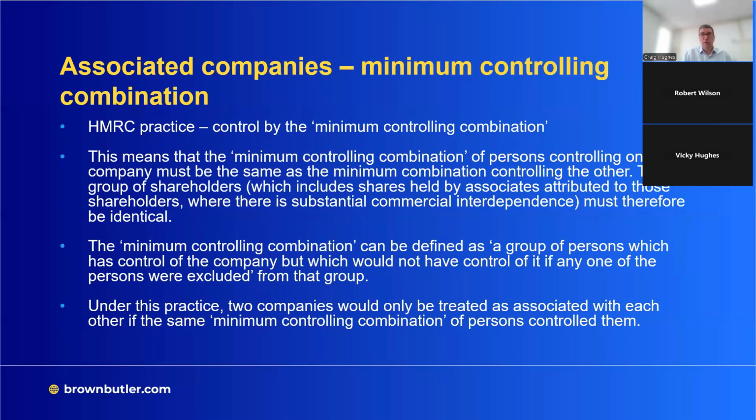And here, again, you would include shares held by associates if there is substantial commercial interdependence. But that minimum combination must be identical in both companies. It's defined as a group of persons who has control of the company, but which would not have control of it if any one of the persons were excluded from that group. So two companies would only be treated as associated with each other if the same minimum controlling combination of persons controls them.